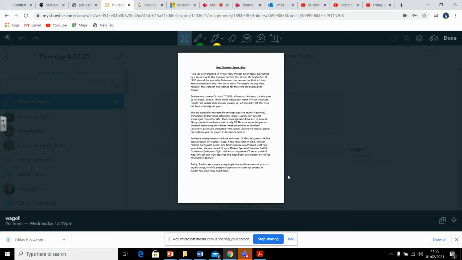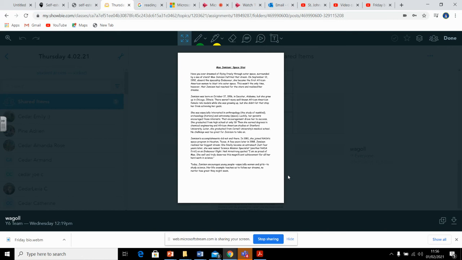So it tells us why she's important. It's catchy because of the rhetorical question, making it sound exciting. Have you ever wanted to fly through outer space? But then also it leaves us on a cliffhanger, and then we begin to hear about the chronological order of her life in the next paragraph.